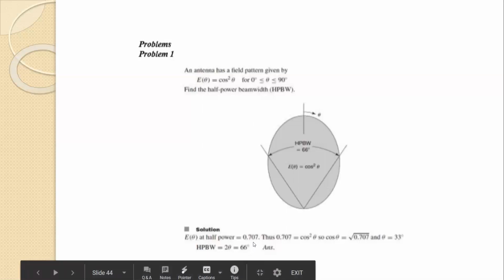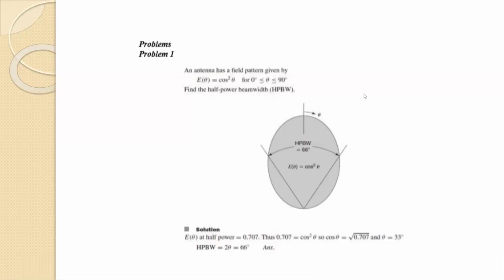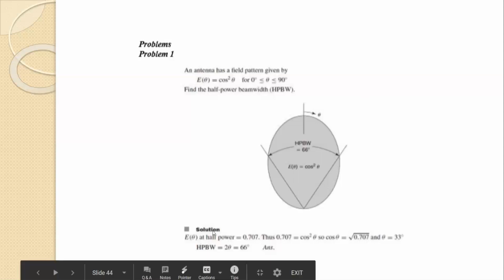From this 0.707, you obtain theta equal to 33 degree. Now half power beam width equal to 2 times this angular value, so 2 into 33, 66 degree. So the answer for problem 1 equal to 66 degree.